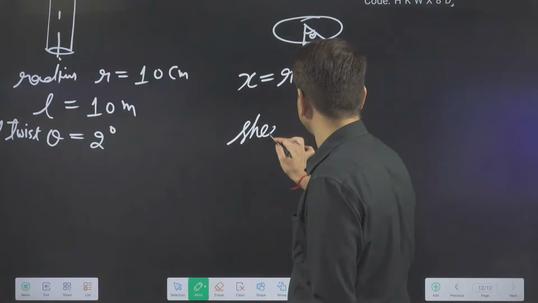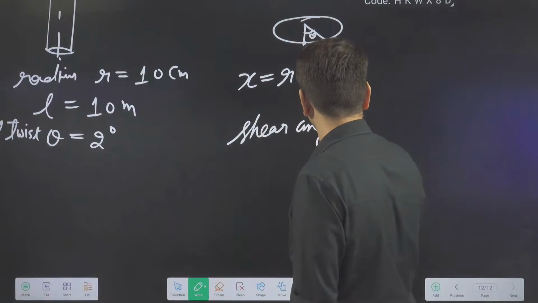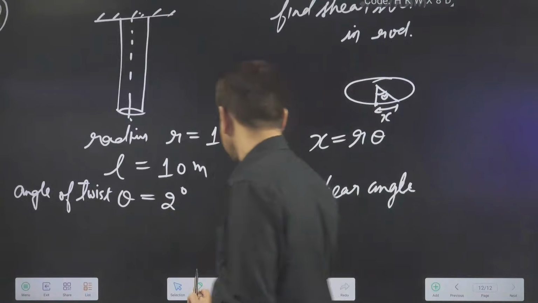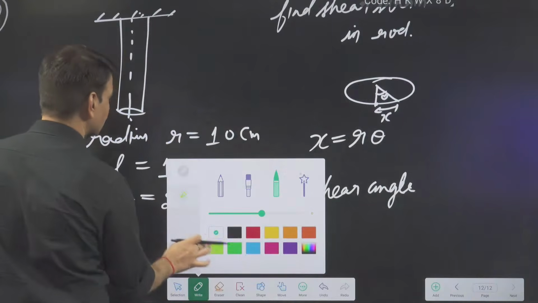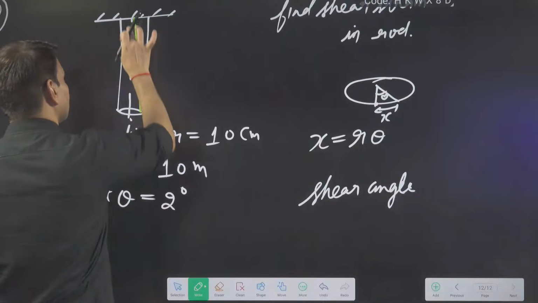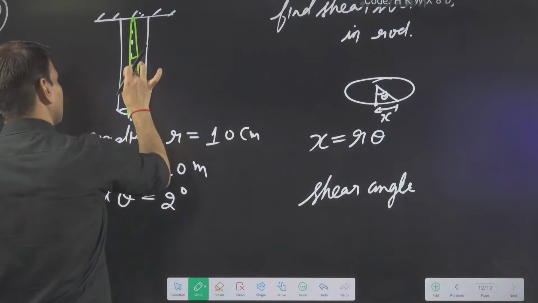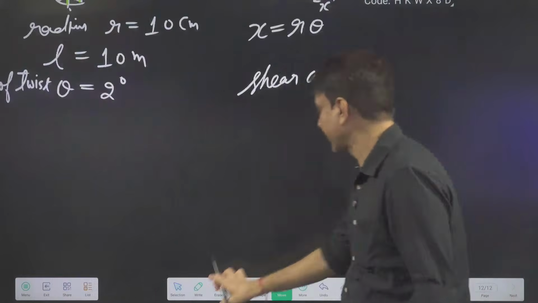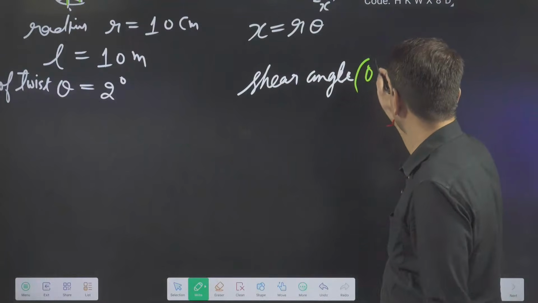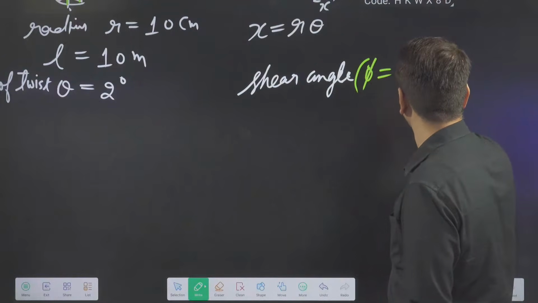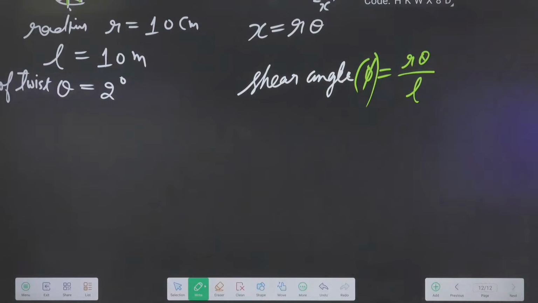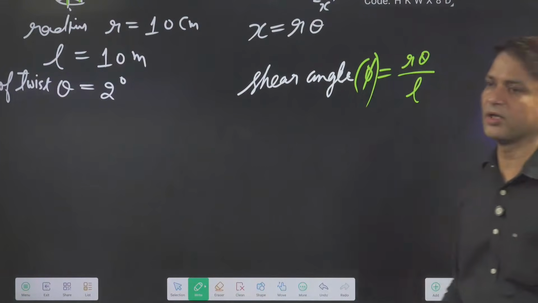The shear angle phi is equal to R theta by L. It is the relation between the shear angle and the angle of twist.